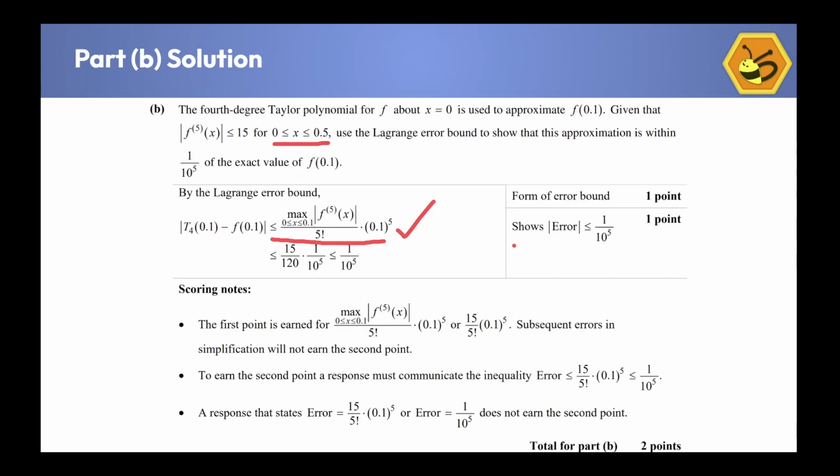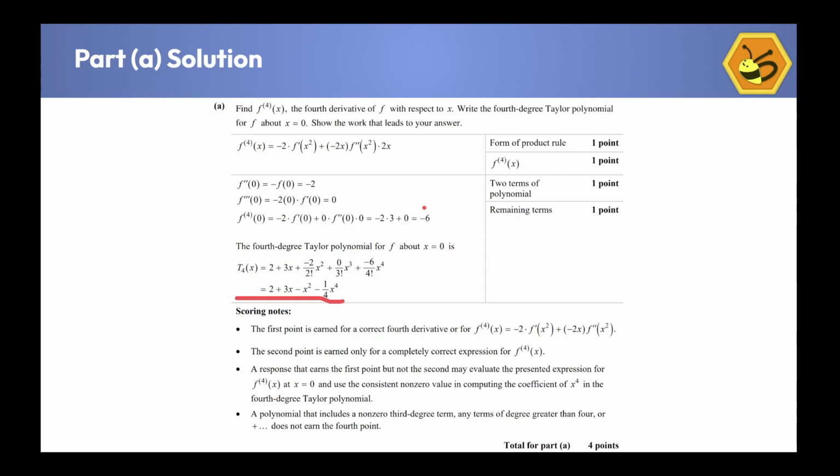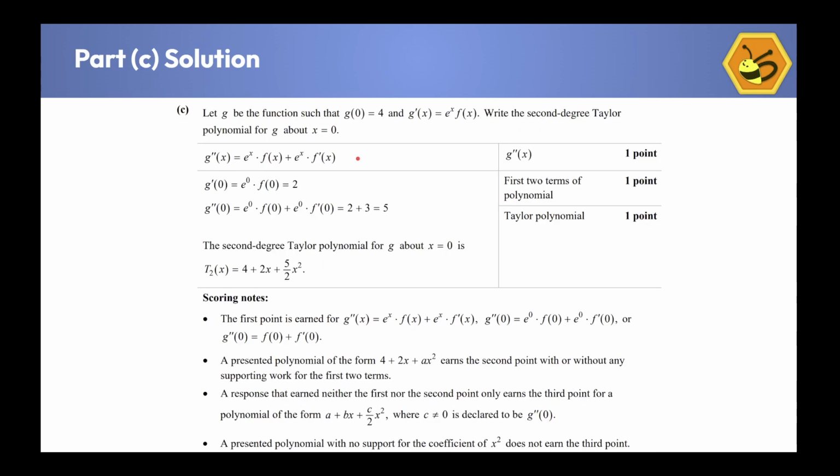Interesting. Part B is a bit shorter if you know how to do the error bound. Part B is a bit more complex because you need to use the chain rule and deal with some things. So 3 points for part C.